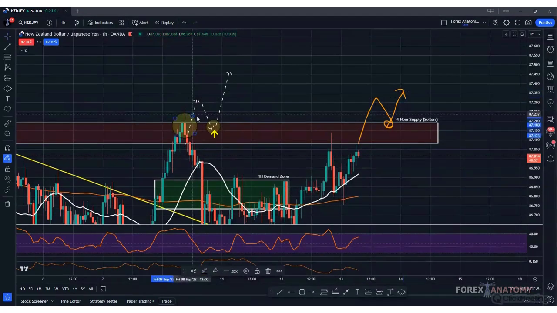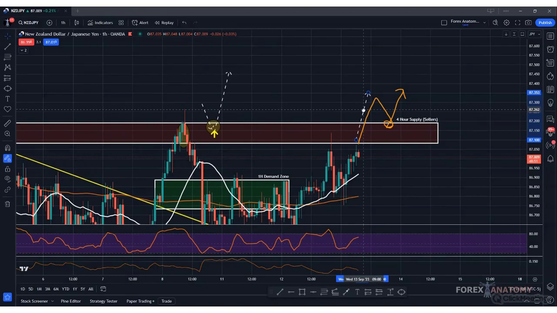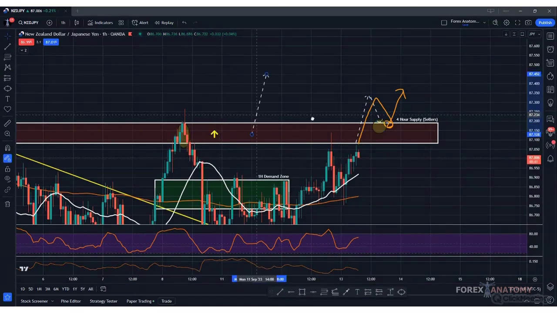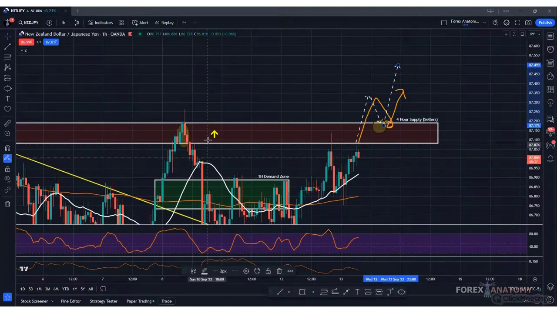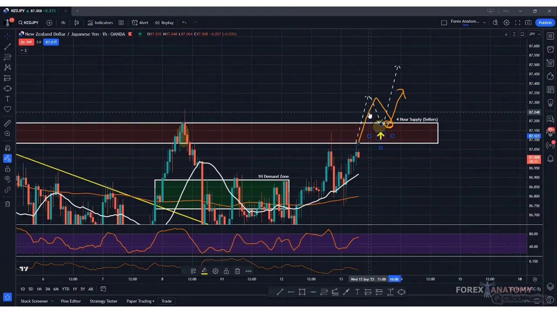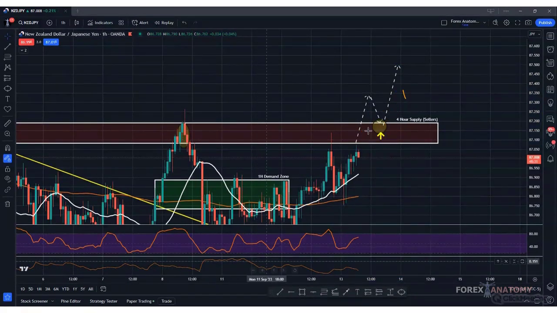In other words, a break, pull back, and a retest of the zone. Just going to bring this all over because this is what we were looking for even days ago. This type of play, you could say. So yeah, let me delete this right here.